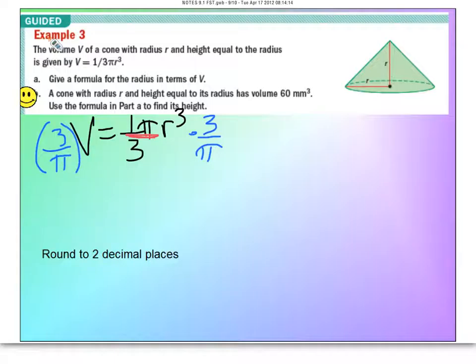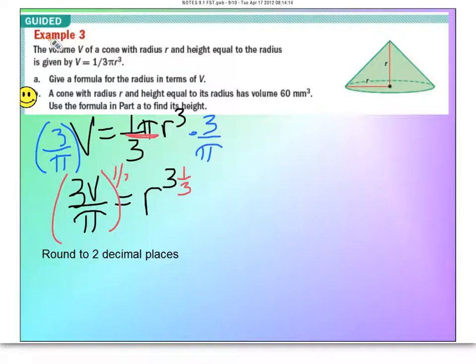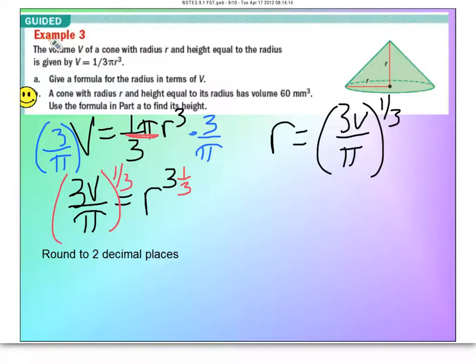That's going to leave me with 3v divided by pi, and that's going to be equal to r cubed. Now to get rid of the cubed, I can just raise this to the 1/3 power, and I would do the same thing over here. So that would leave us with the equation r equals (3v over pi) to the 1/3 power, or if I wanted to write it in radical format, I would do the cube root of 3v over pi.